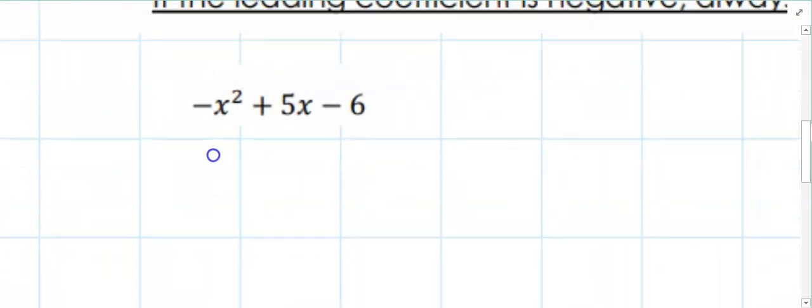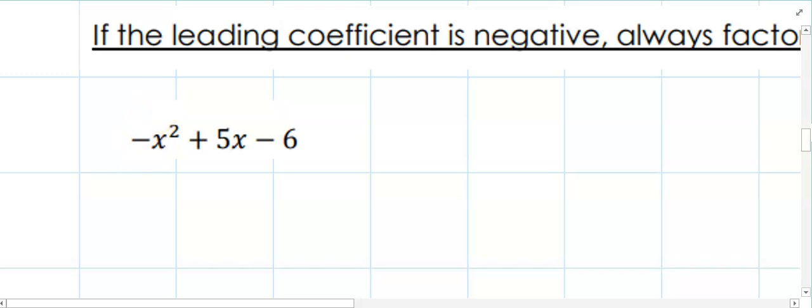One thing to remember, if the leading coefficient is negative, you should factor out a negative. For example, in this next problem, negative x squared, 5x, and negative 6. Remember, this is a negative 1 right here before the x.